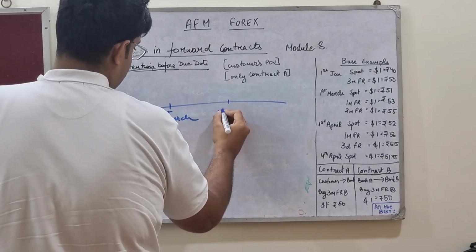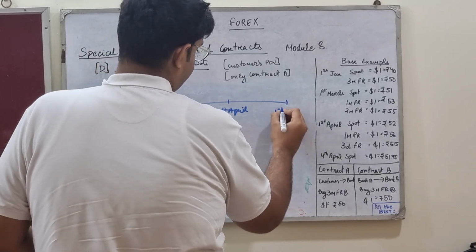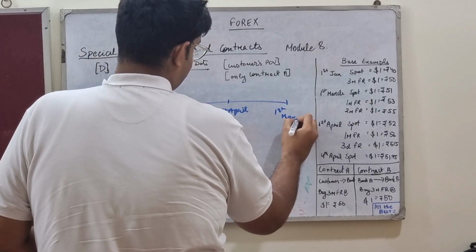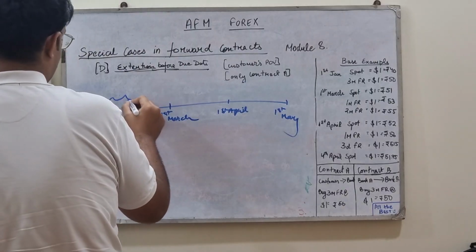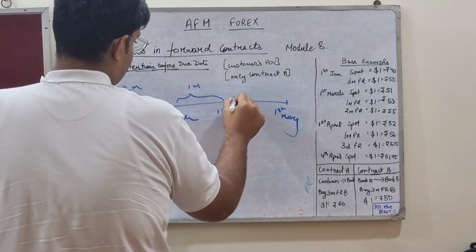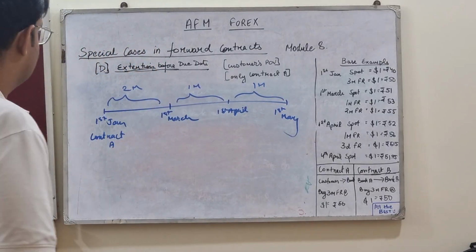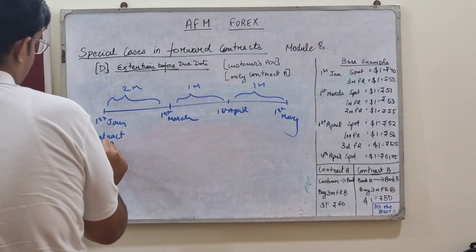Then this would be 1st April. Then this would be 1st May. So this is 2 months, this is 1 month, and this is 1 month. Not really relevant, but yeah. So this is when we enter into contract A.